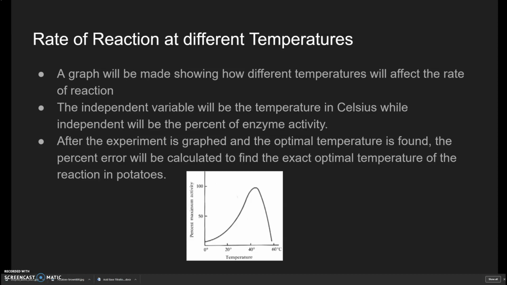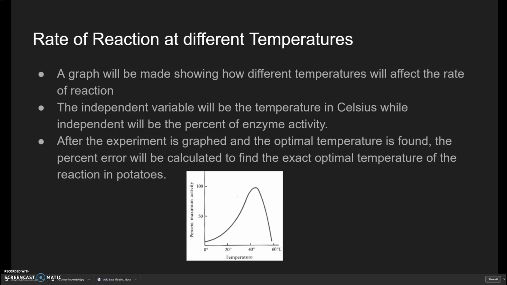I have a little model graph there at the bottom. That is a graph that will show what your result graph should look like in the results. As the temperature increases, the percent of enzyme activity will also increase, and then it gets to the optimal temperature.